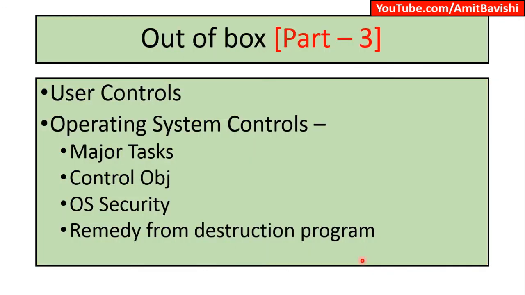Next is part 3, that is out of box. There are certain topics in the study material which are removed, but still questions from those topics are asked in the PM. So I have included those topics over here.